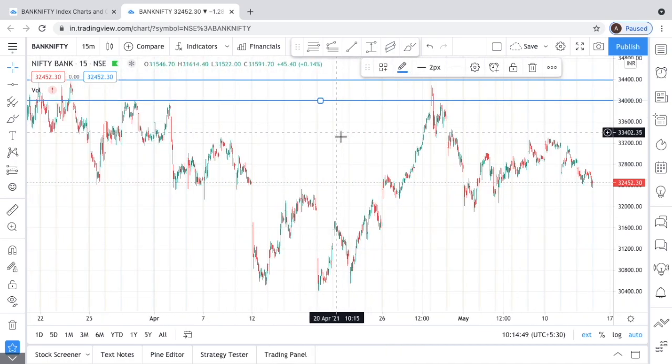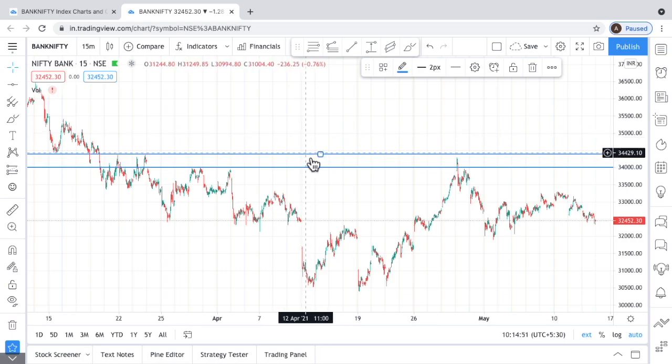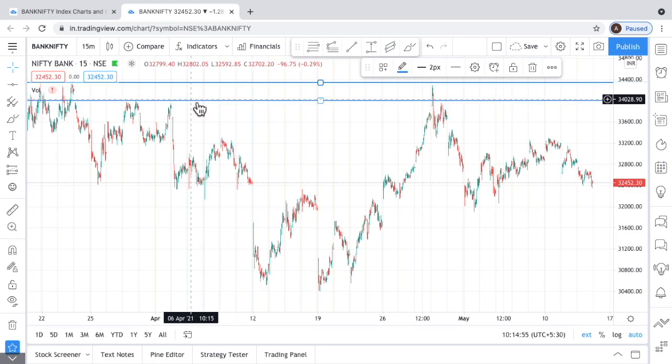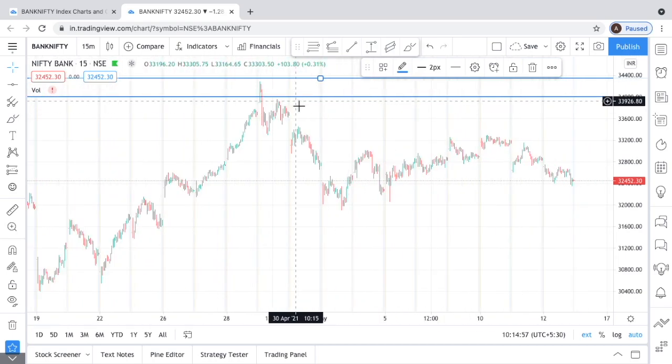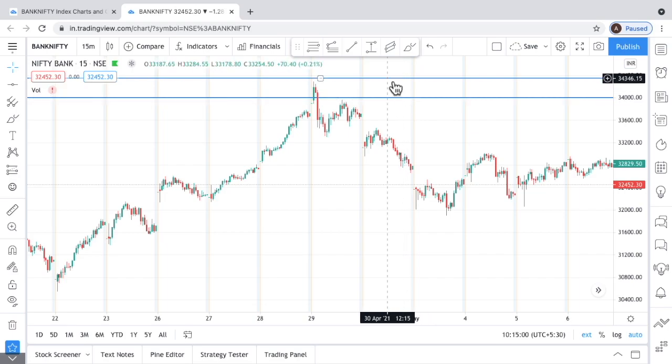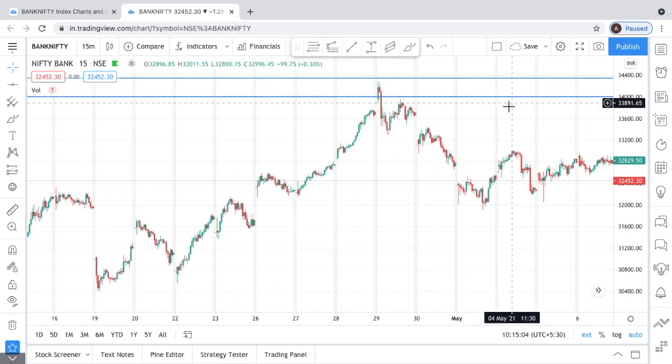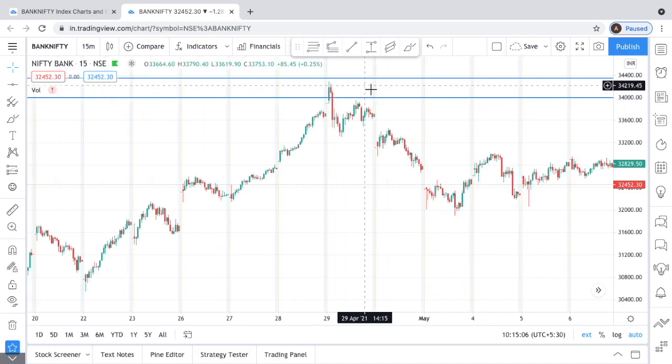I had these levels marked and expected some sort of reversal here, but no, we broke through that, and exactly at the next point where I had marked the levels, the price did take resistance.